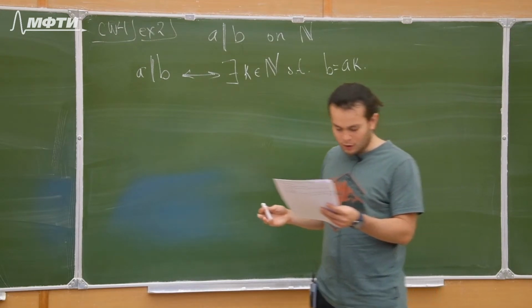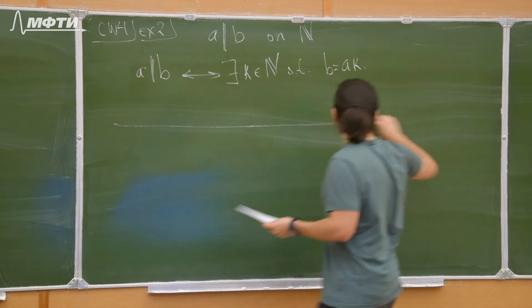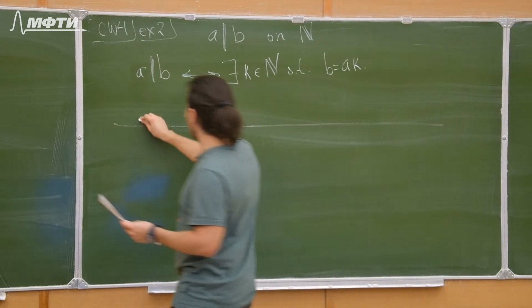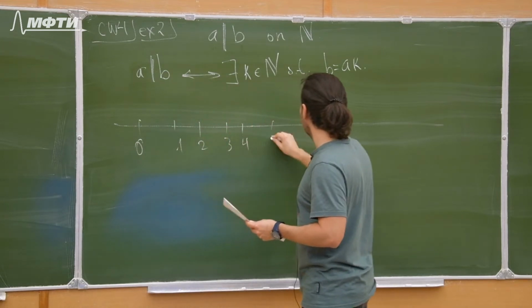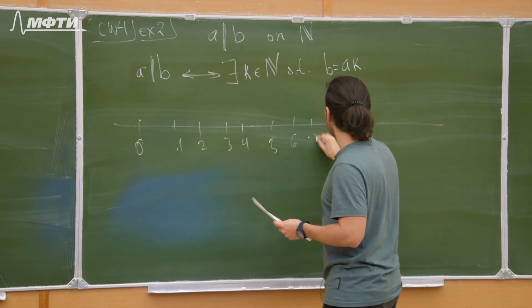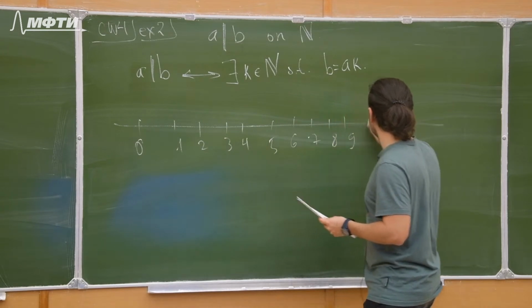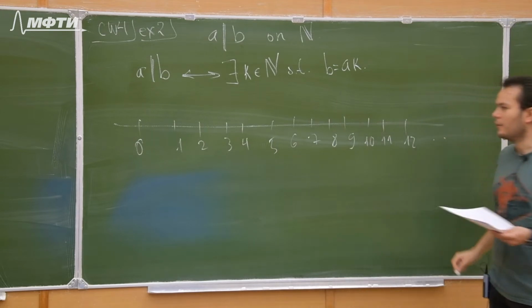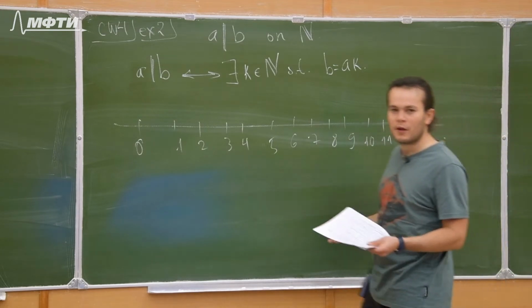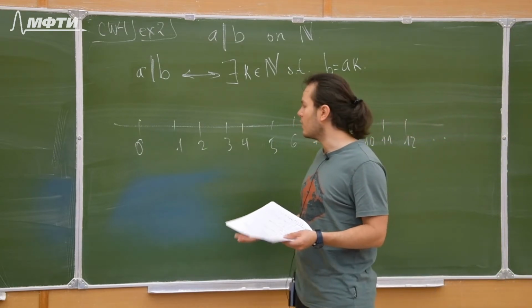Okay, so I think we can do something like this. We have here 0, 1, 2, 3, 4, 5, and so on. We have to find the arrows that we have here.